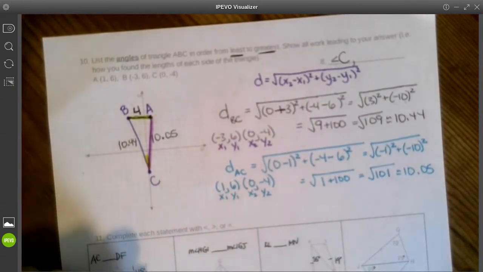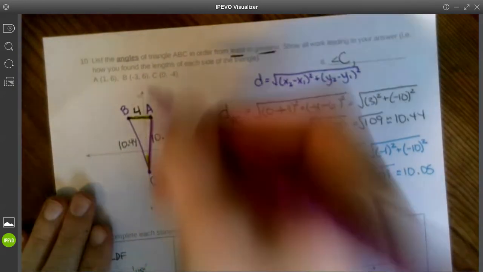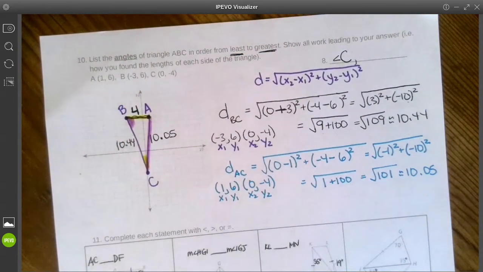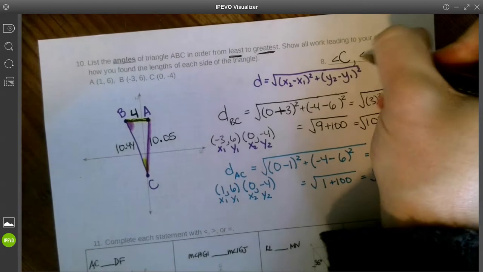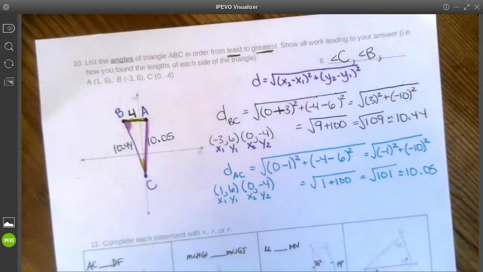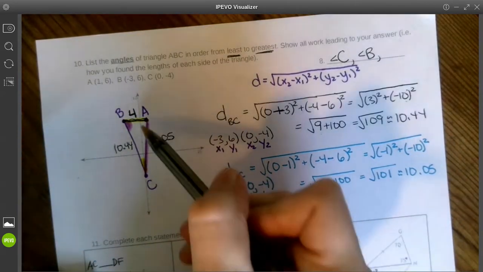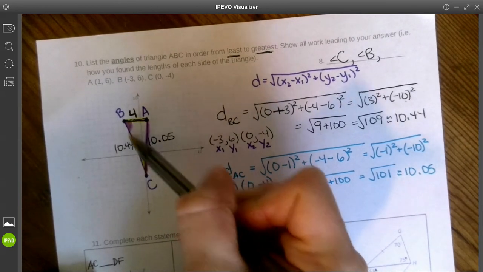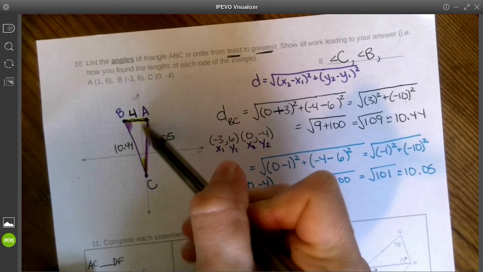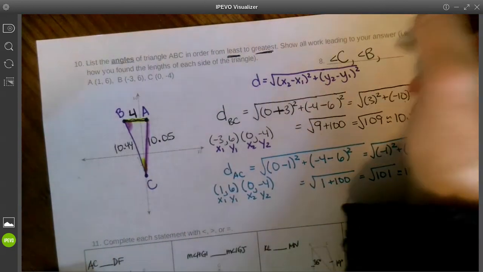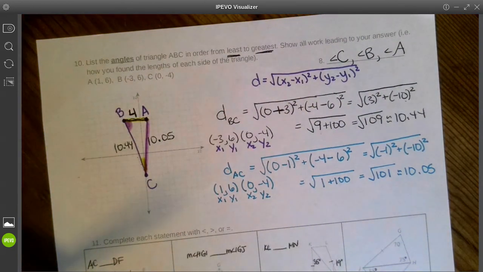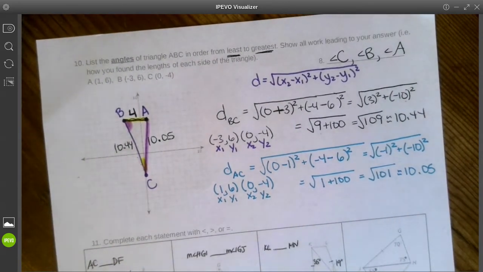So my medium-sized angle is the angle opposite this side, which is angle B, which must mean my largest angle is across from my longest side. My longest side is BC, so my largest angle is angle A. So the correct order of my angles is angle C, angle B, and angle A from least to greatest.